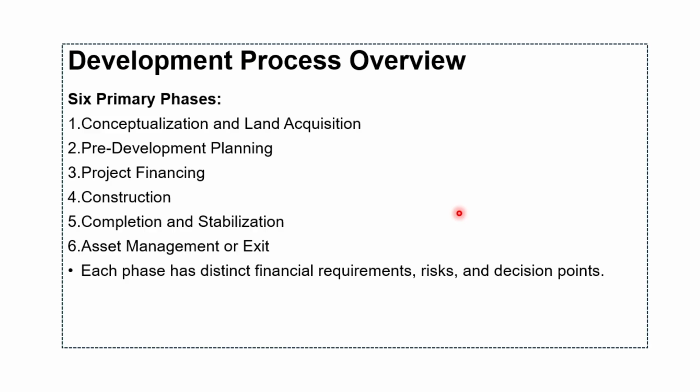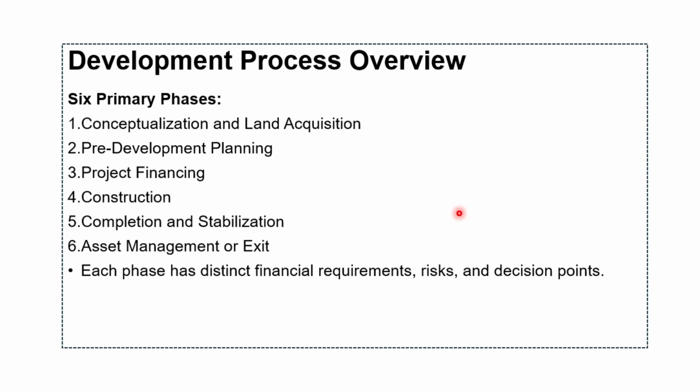Conceptualization and land acquisition involves identifying opportunities, securing development sites, and conducting initial feasibility analysis. This phase typically requires 20 to 30% of total project cost and represents the highest risk with lowest certainty.